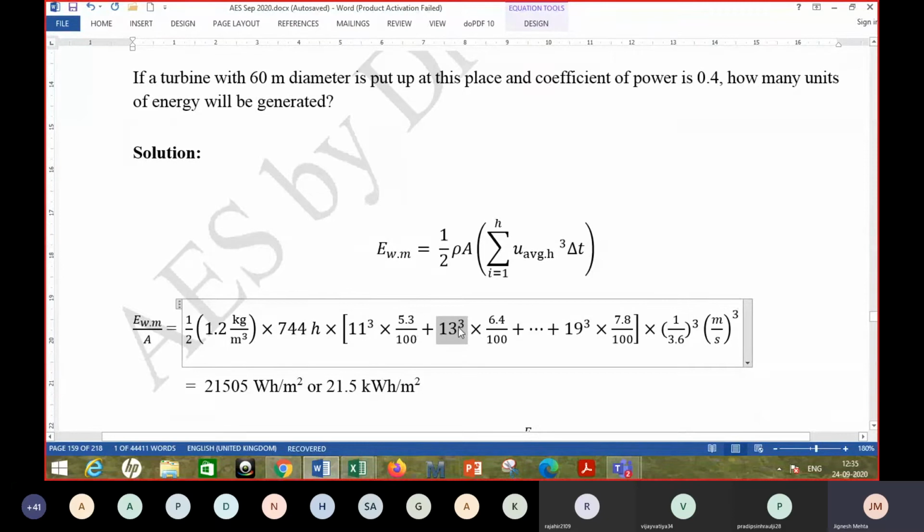So this is 13. So 11 is for which range? 11 is for 10 to 12 range. So average value of velocity is 11 kilometer per hour, and for that the fraction is 6.4.